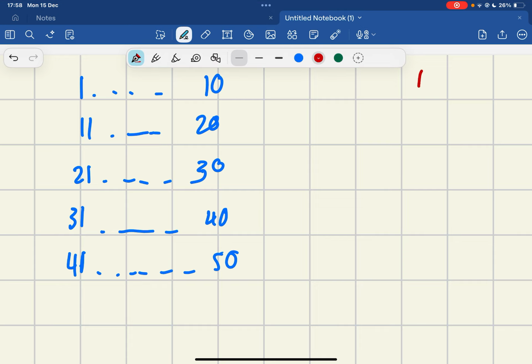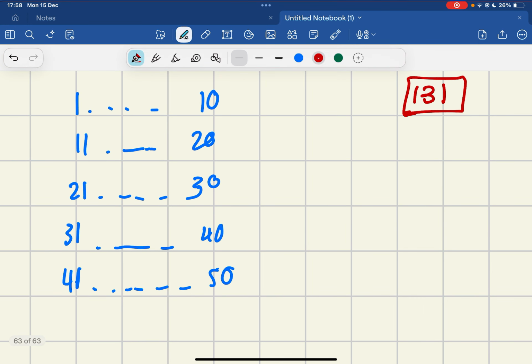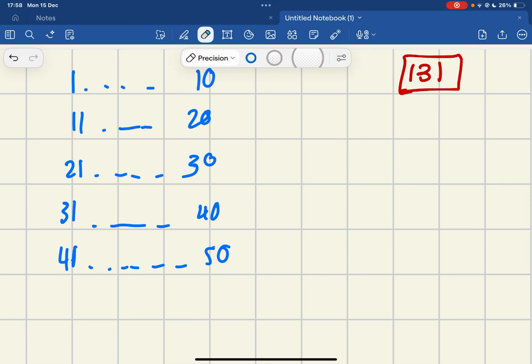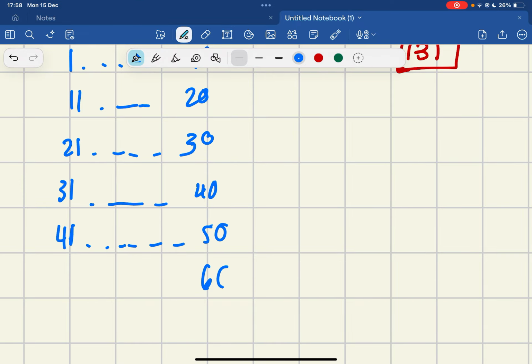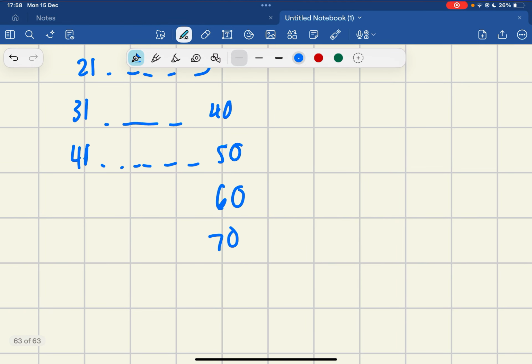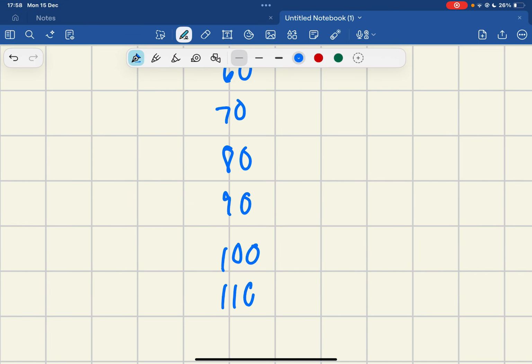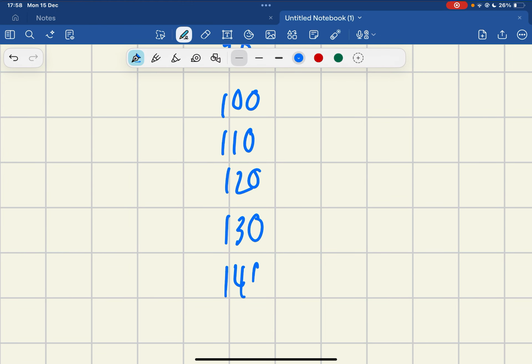Now they say the 131st term. So we have to go until 131. So we'd have 60, 70, 80, 90, 100, 110, 120, 130, and 140.